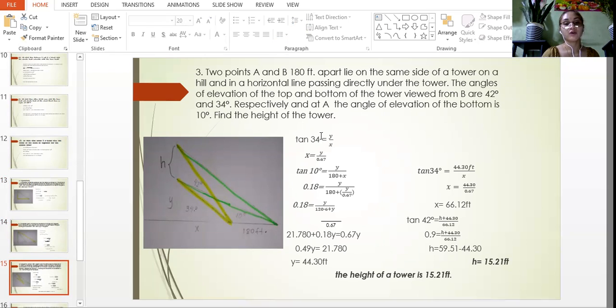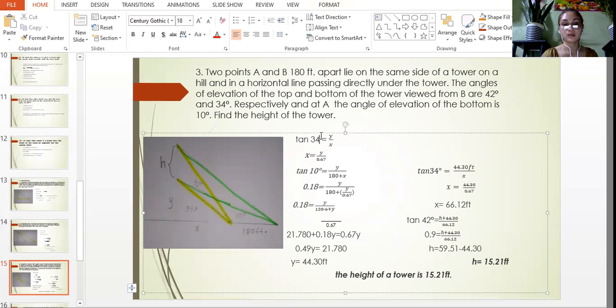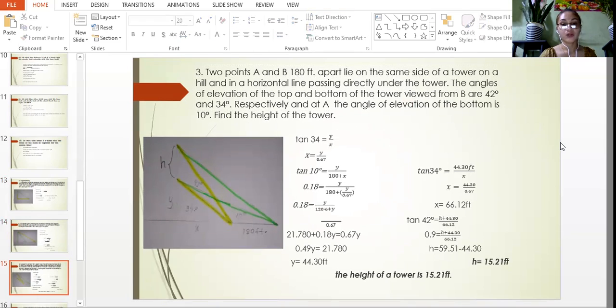So tan 34 degrees is equal to y over x. So x is equal to y over tan 34 degrees, where the value of tan 34 degrees is 0.67. So tan 10 degrees is equal to y over (180 plus x).